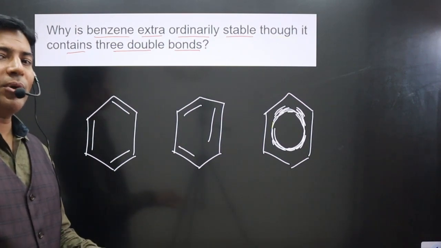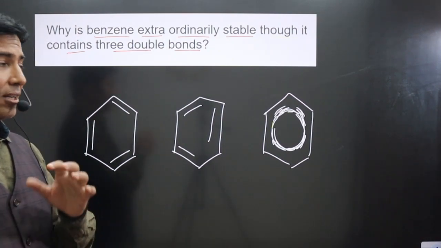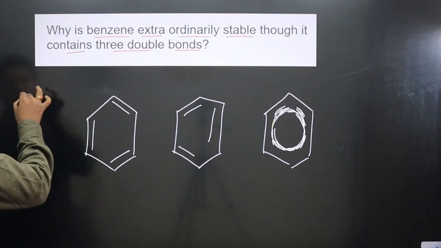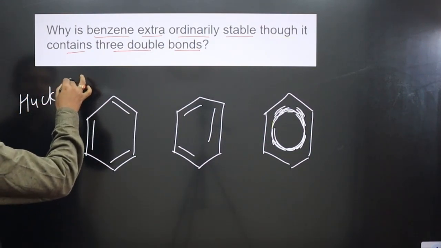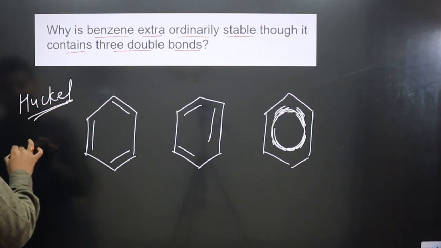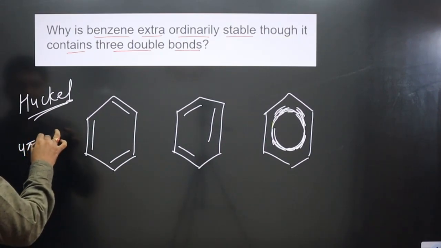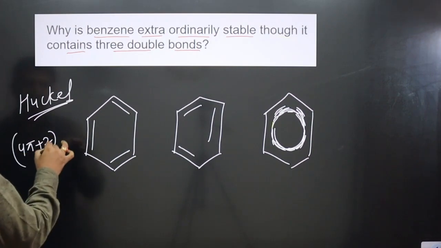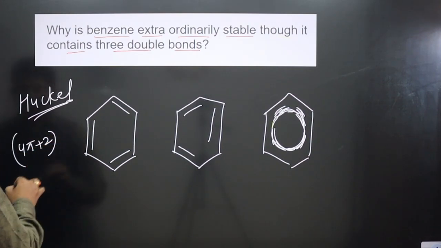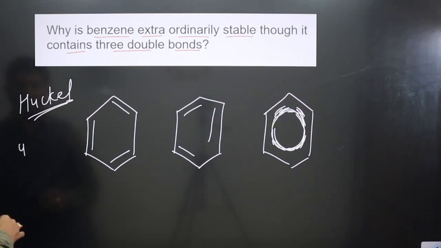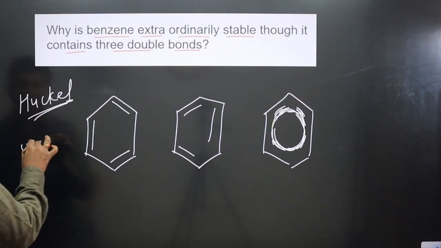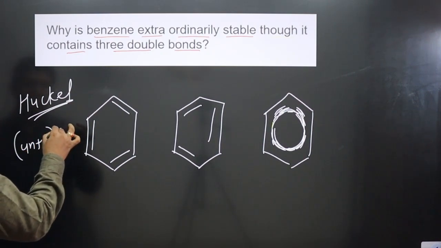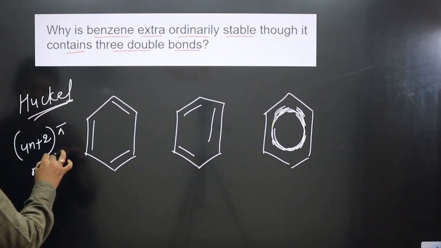And another factor you might have learned about the aromaticity. Huckel's rule is there. We have Huckel's rule. This person says that it is 4n plus 2, where in the bracket we have pi, and n value can be 0, 1, 2, 3.